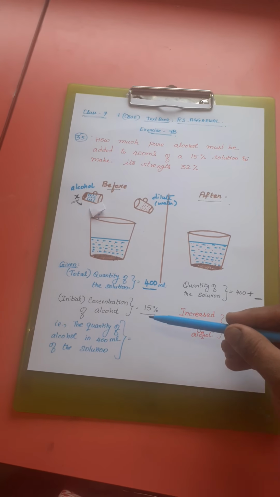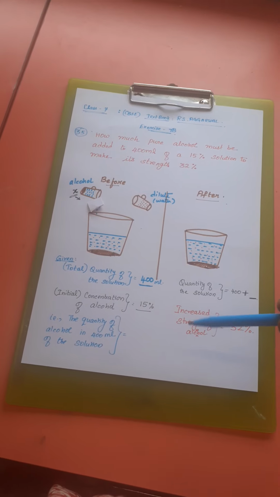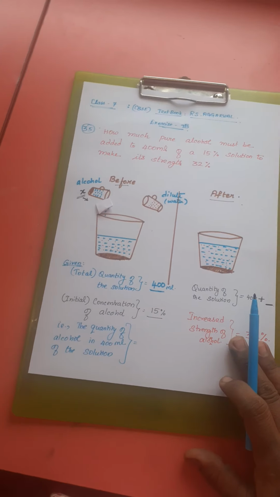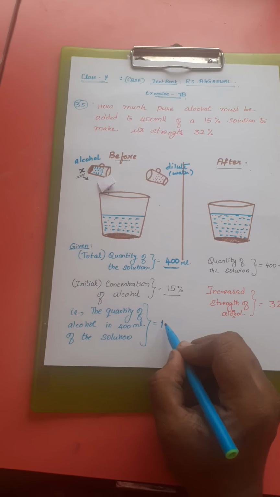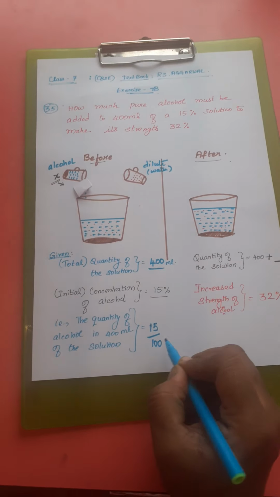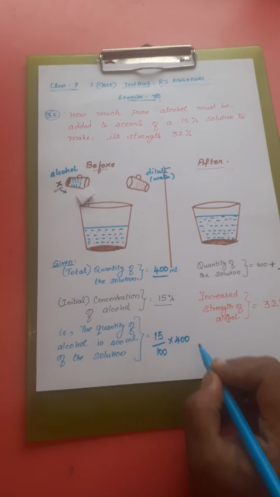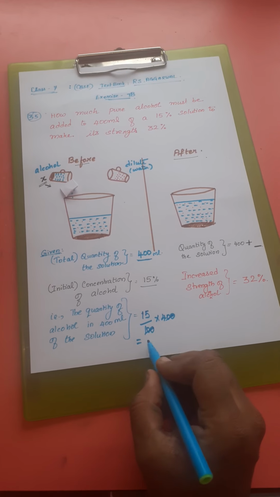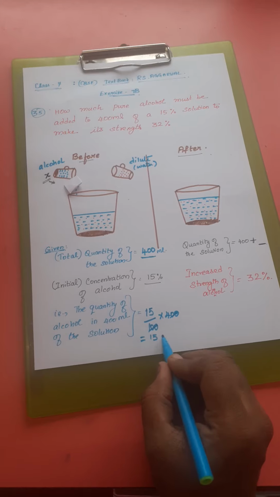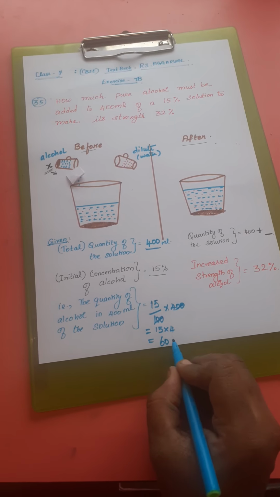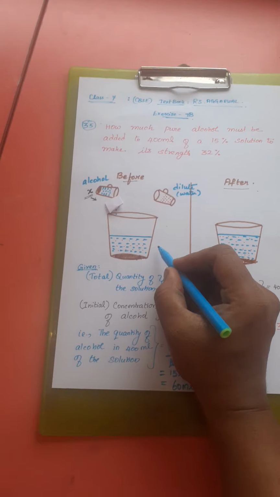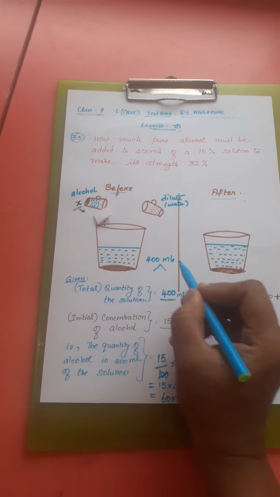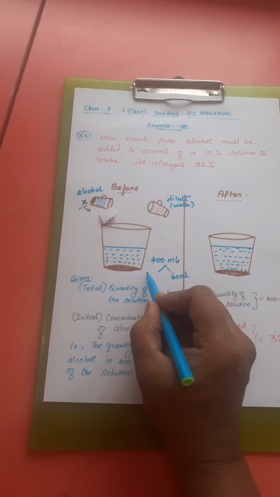From this we can find the actual quantity of alcohol. 15% of 400 ml: cancel out the zeros, you get 15 into 4, which is 60 ml. So in 400 ml you have 60 ml of alcohol, and the rest is water.